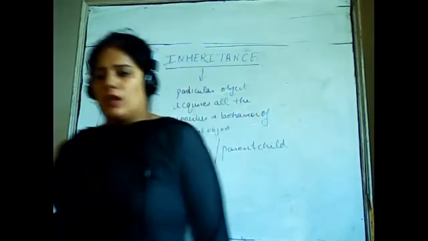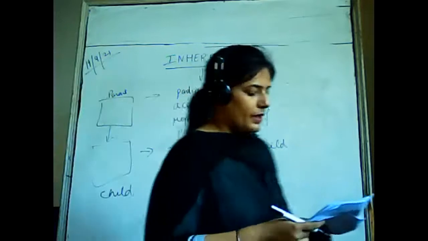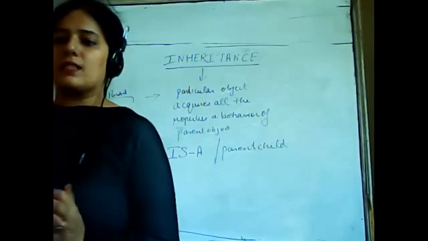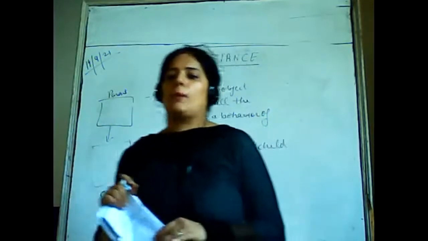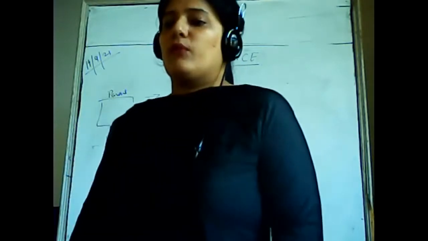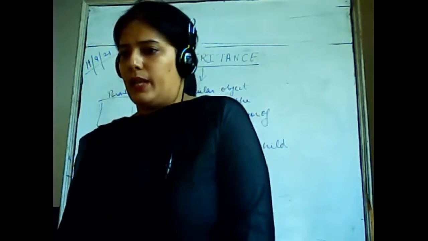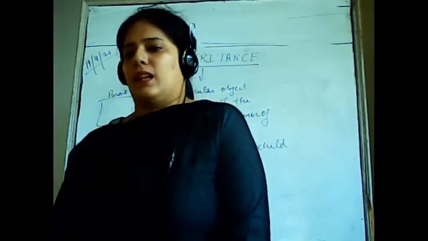Okay, so don't get confused between these two terms. We define inheritance as a mechanism in which a particular object can acquire all the properties of its parent object. But when will the object be formed? An object will be formed only when you are deriving a particular class from a base class.